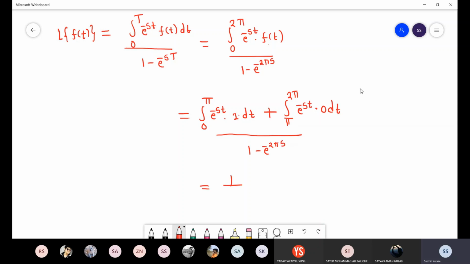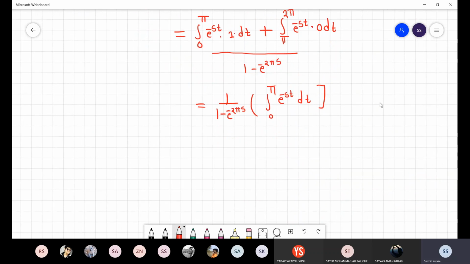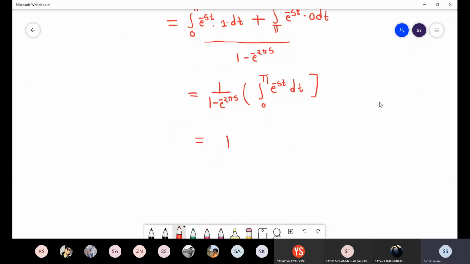Okay, so this is equal to 1 upon 1 minus e to the power minus 2 pi s, in bracket, the integral from 0 to pi of e to the power minus st dt. Now evaluate this with respect to t. What is the integration of this? Yes, Aman, e raised to minus st into 1, divided by minus s, from 0 to pi.